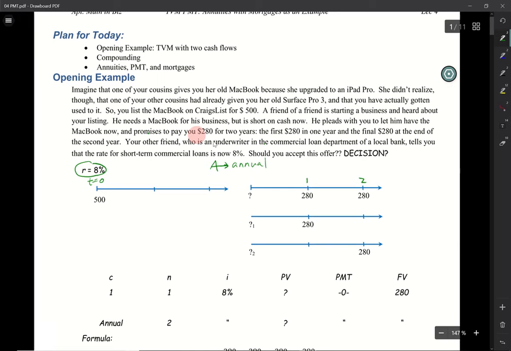Even if it did say 8% compounded quarterly, the 8% would be the annual amount, and then it would be compounded quarterly or semi-annually or whatever. So the interest rate that's stated is always over a full year if you deposited for the whole year, and then compounding would come afterwards. Here there's no compounding, so assume it's annual compounding.